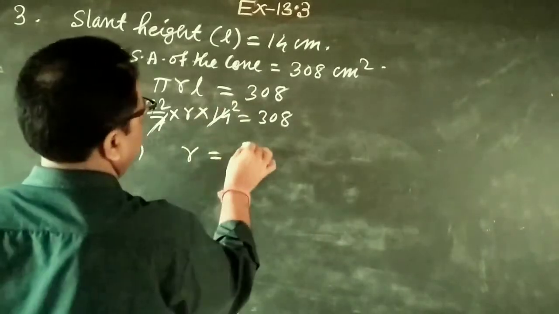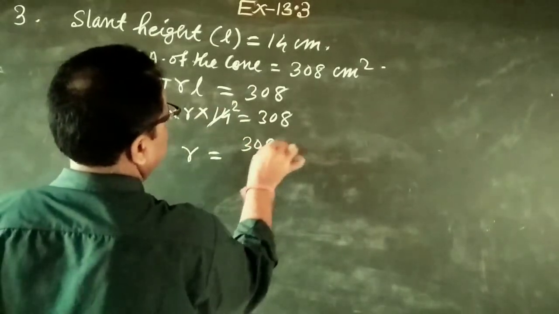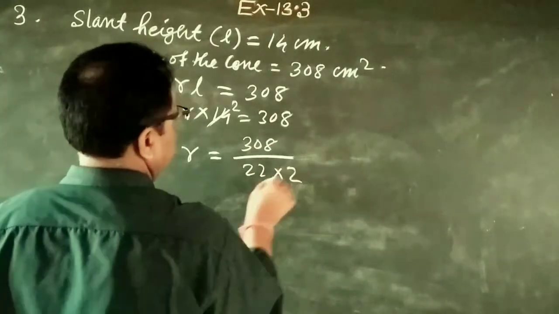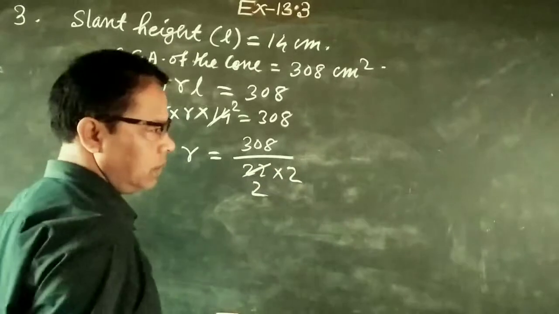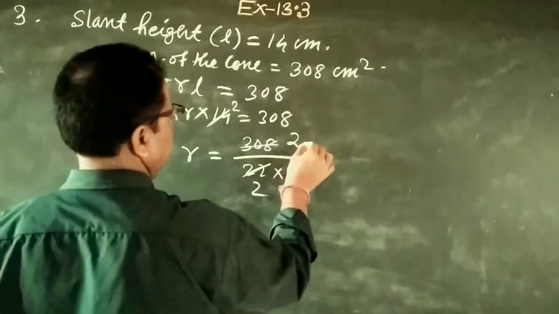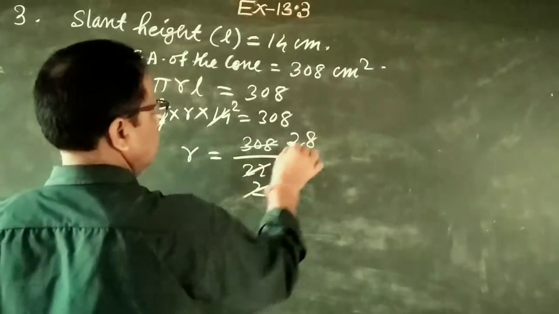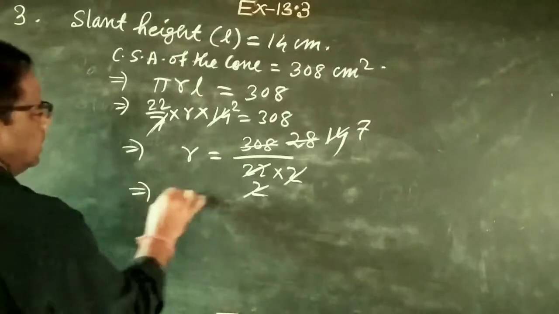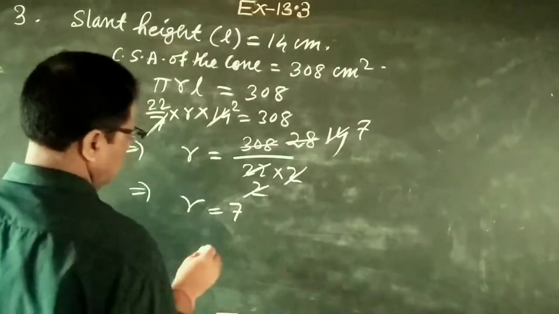Therefore radius is 308 divided by 22 into 2. Cancellation by 11: 11 twos are 22, 8 left, 11 twos are 22, so 14, 7. Therefore the radius is 7 centimeter.